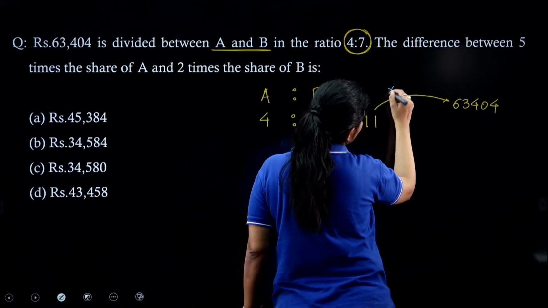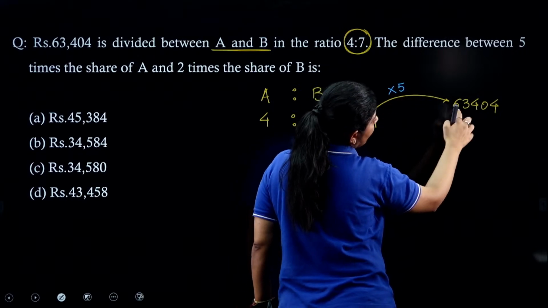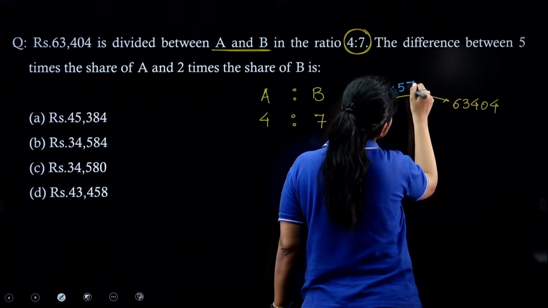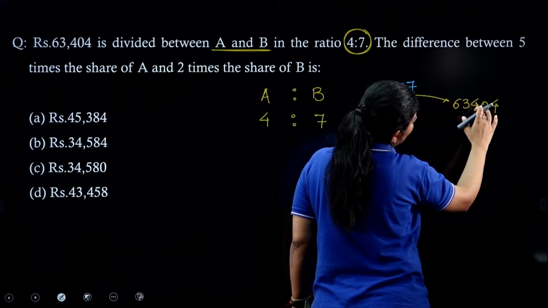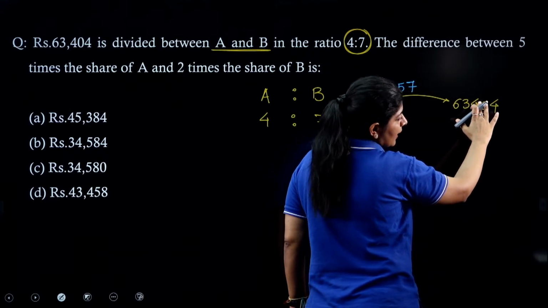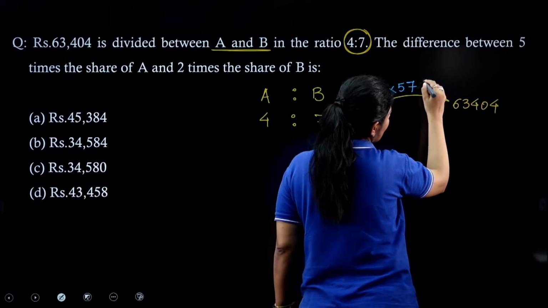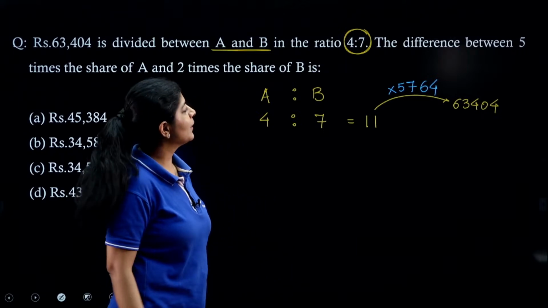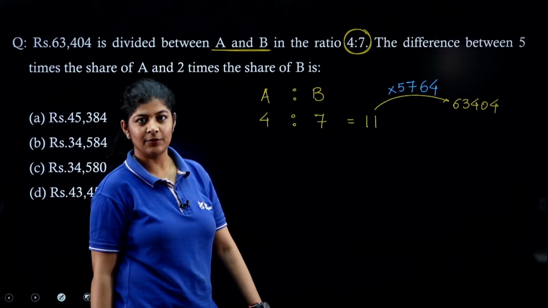We get 5, then the remaining portion is 84, that means 7, then we get 6, and in the ending we get 4. So it is present on the multiple of 5,764, right?